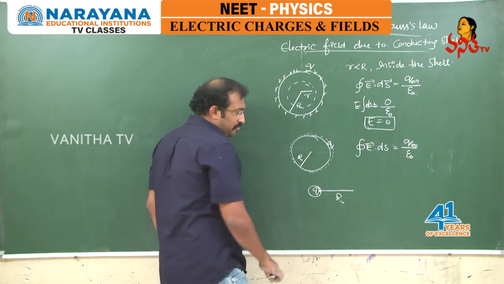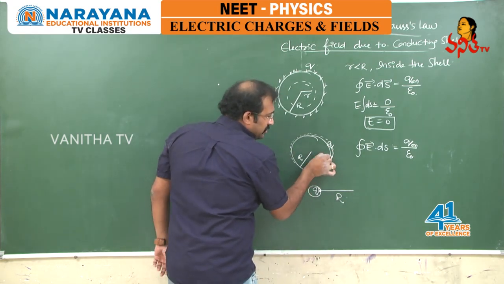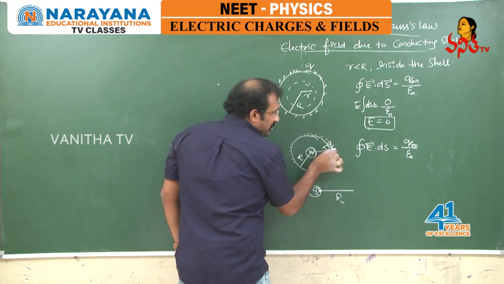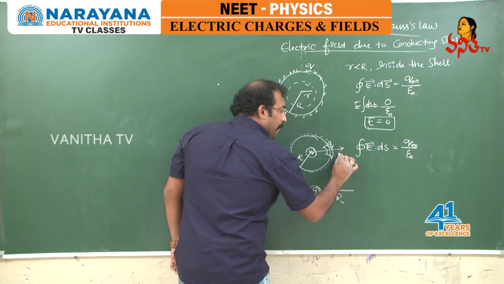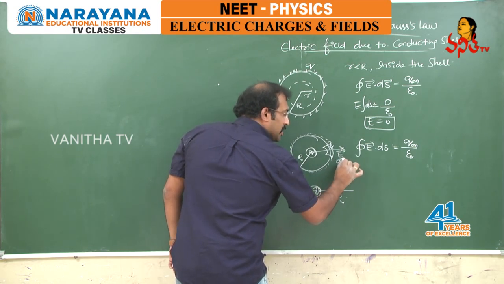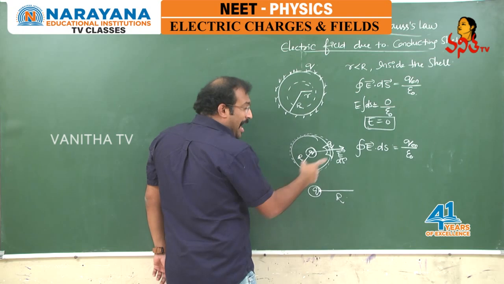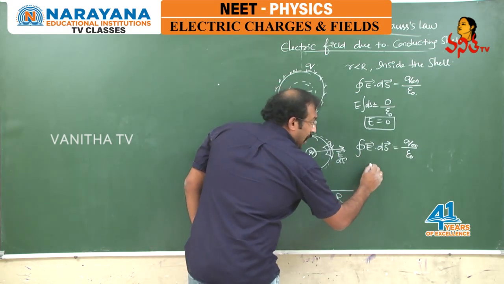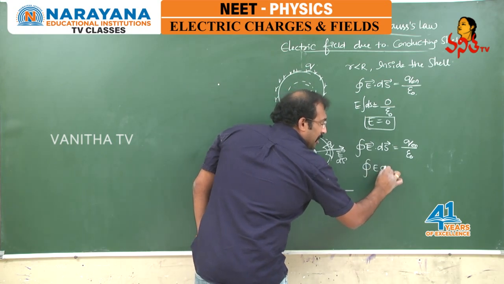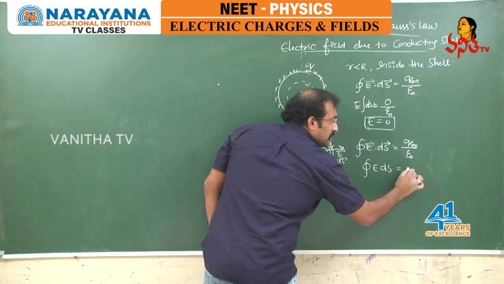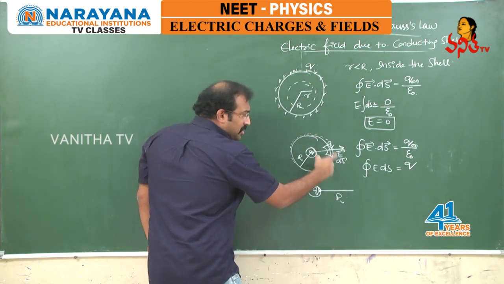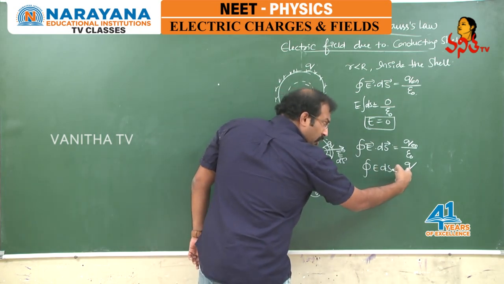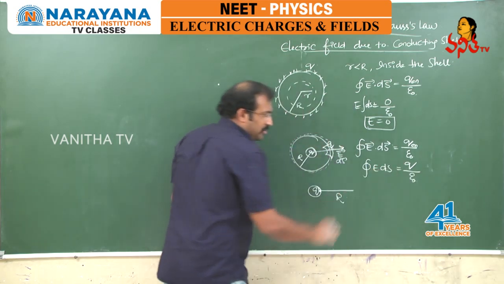Now we will see here. This is a surface through which the entire charge is assumed to be at the center and the flux is moving outward like this. E bar and ds bar are also in the same direction, so the angle between E bar and ds bar is 0. Therefore, I write the closed line integral of E ds cos 0, where cos 0 is 1, equal to the total charge enclosed by this Gaussian surface, drawn exactly upon the surface, which is q by epsilon naught.